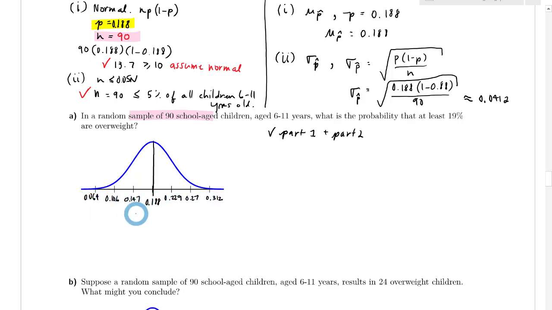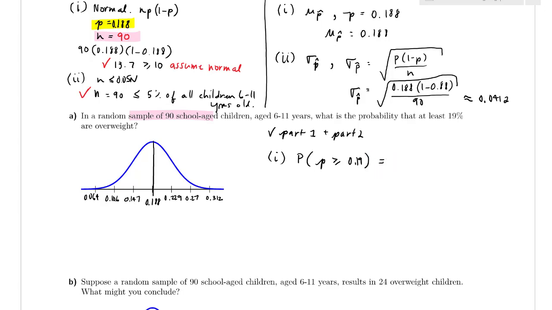When they give us that, they want us to find the probability that the sample proportion is at least 19%, so 0.19. What does that look like on our graph?